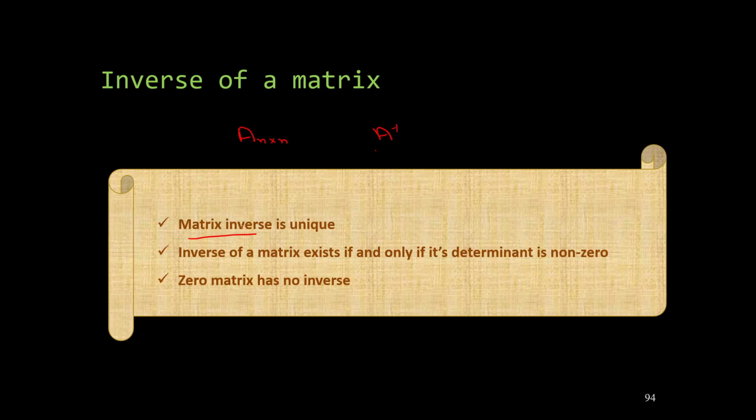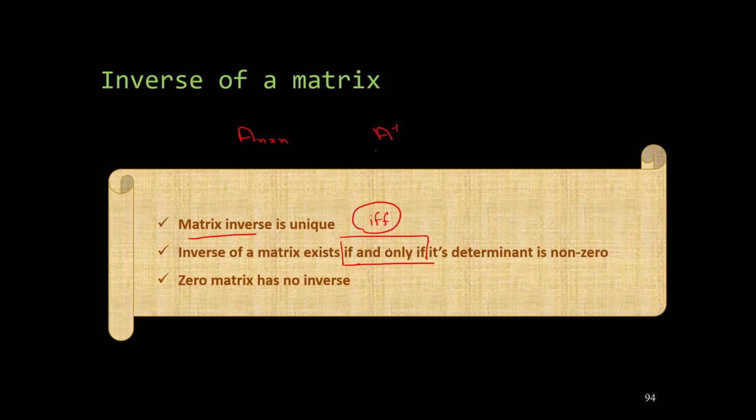It's always the same. Second, the inverse of a matrix exists if and only if the determinant is non-zero. Those who are from math might know the meaning of if and only if, or sometimes we write IFF. It means that this condition is true only if the other condition is true and vice versa, right?